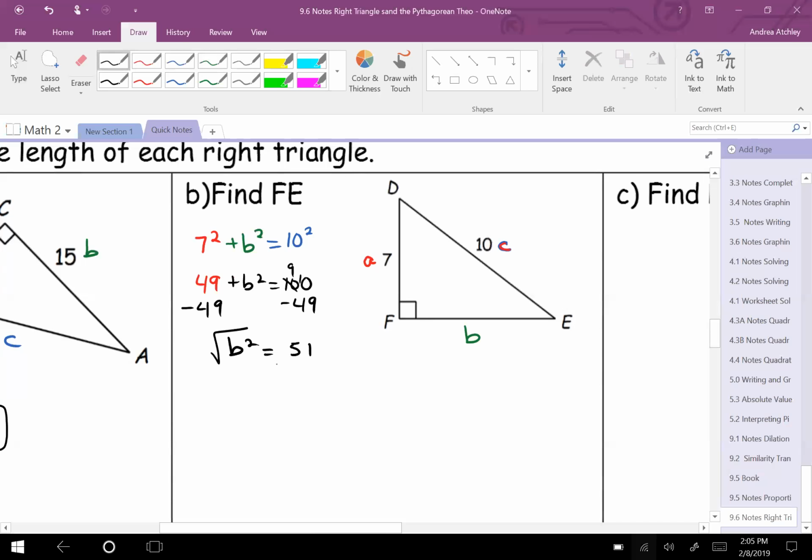I take the square root, and I get B equals the square root of 51, or 7.1. Any questions?